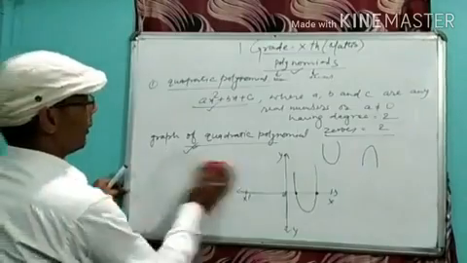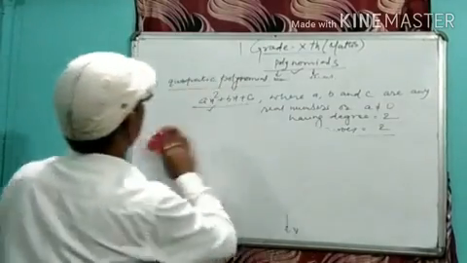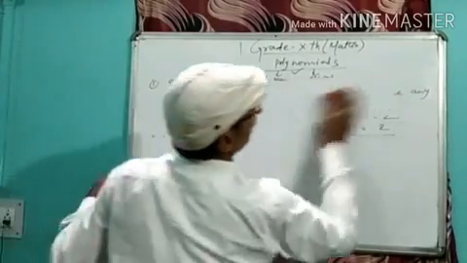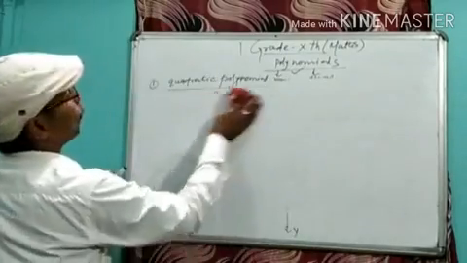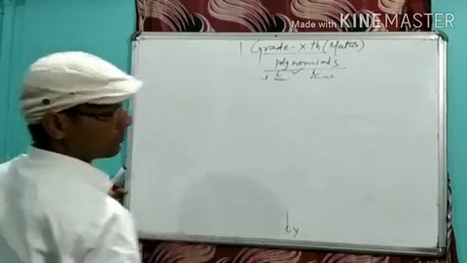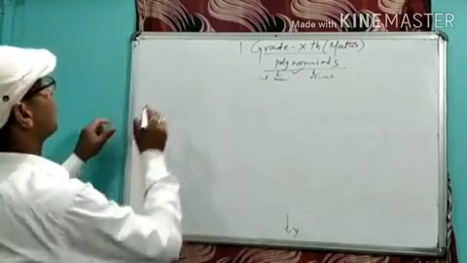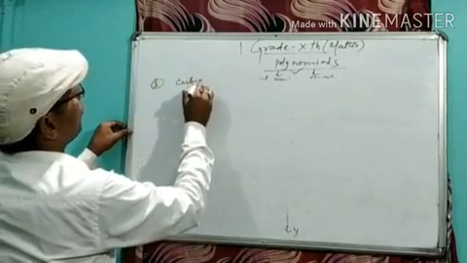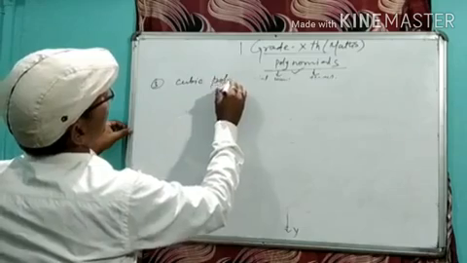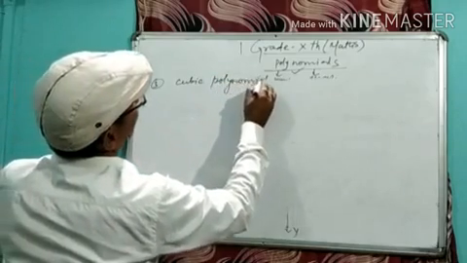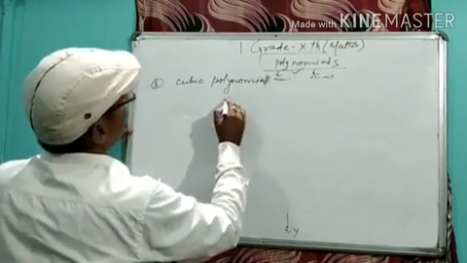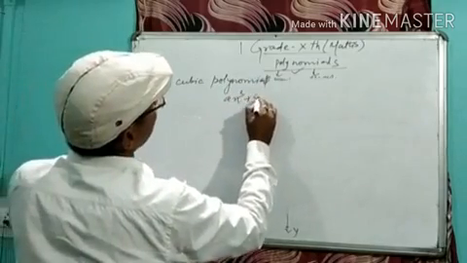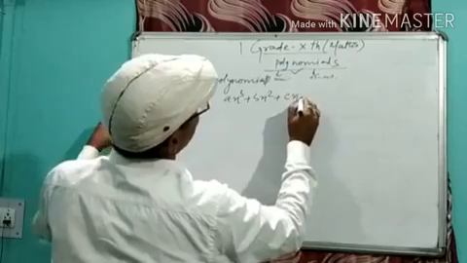My dear, now it's the turn of the cubic polynomial. Cubic polynomial. Standard form ax cube plus bx square plus cx plus d.